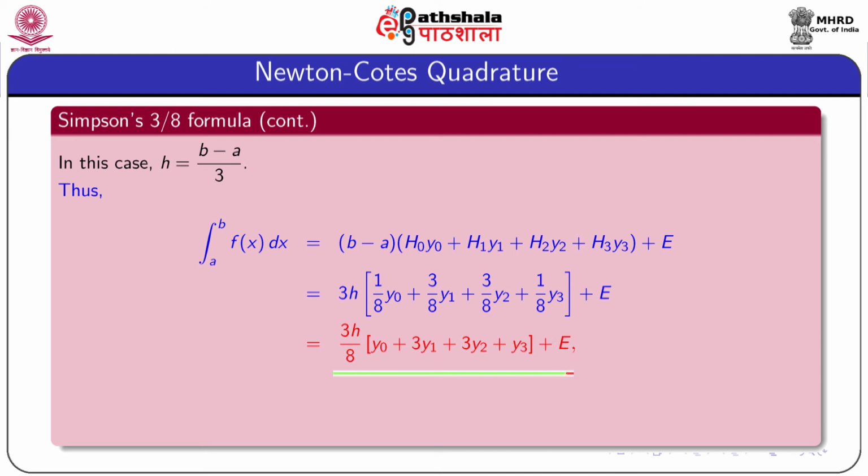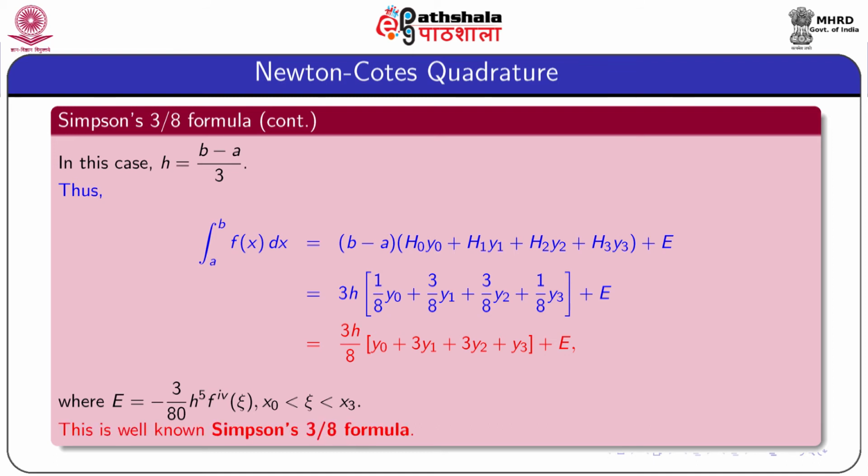Note that here the factor 3 by 8 is multiplied by the entire expression. So, for this factor 3 by 8, the formula is known as Simpson's 3/8 formula, and the error of this formula is given by minus 3 by 80 h to the power 5 into fourth derivative of f at xi, where xi lies between x0 and x3. Obviously, this formula is known as Simpson 3/8 formula.